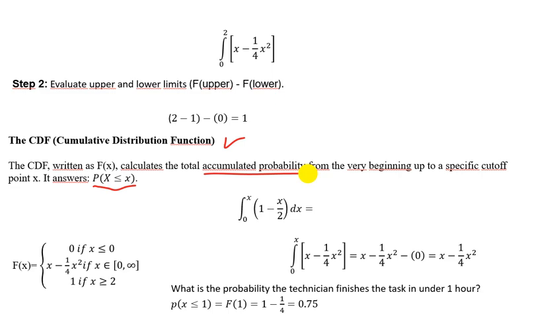cutoff point x. So instead of, we know our function is defined from 0 to 2. Here we calculate it from 0 to a specific value, let's call it x. That's the only thing we do.